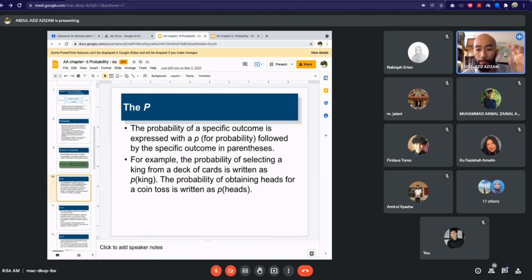For example, kita nak cari P(king). P(king) di dalam deck ni, king ada berapa? King ada 4: king spade, king heart, king club, and king diamond.